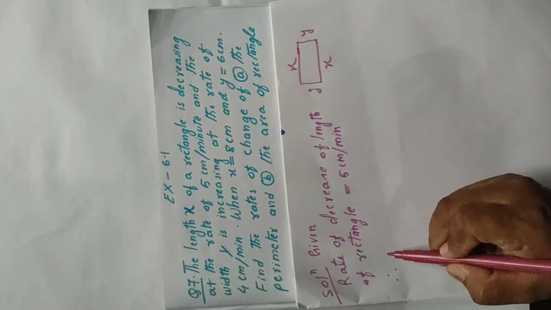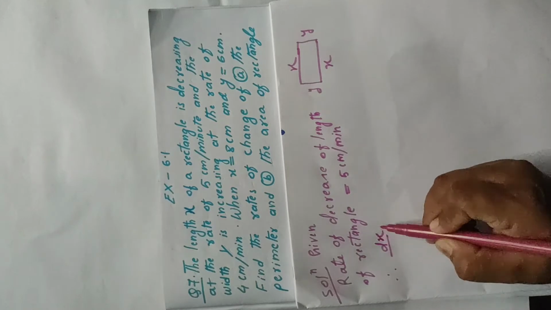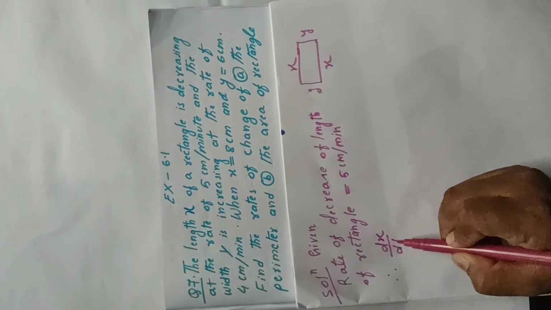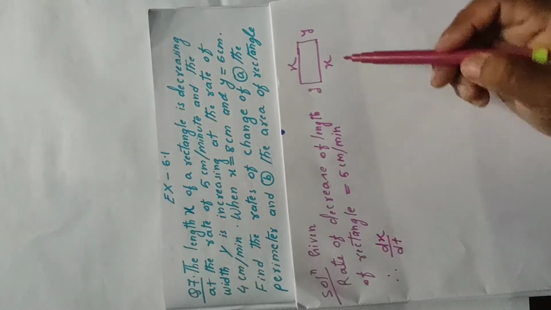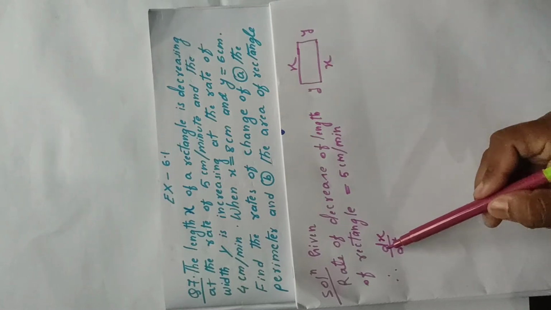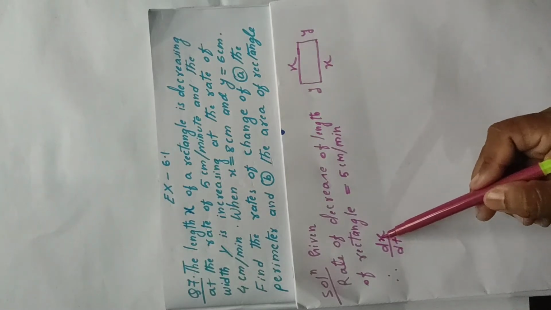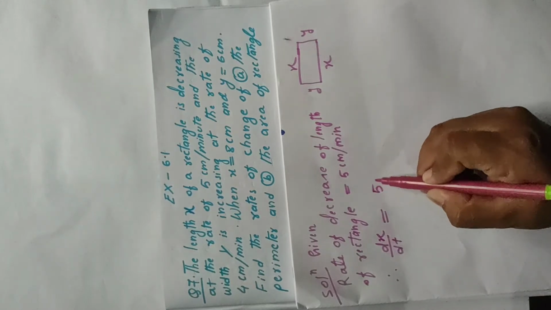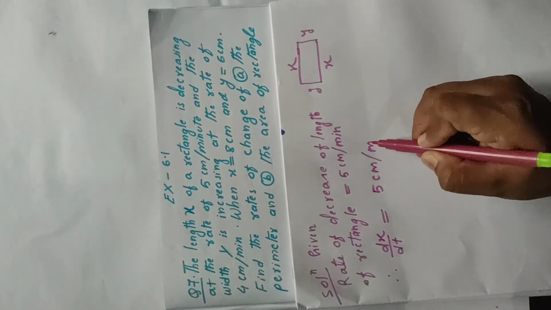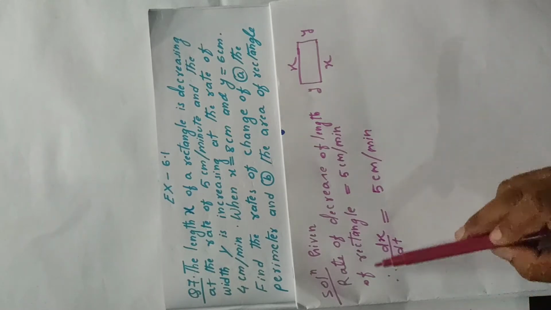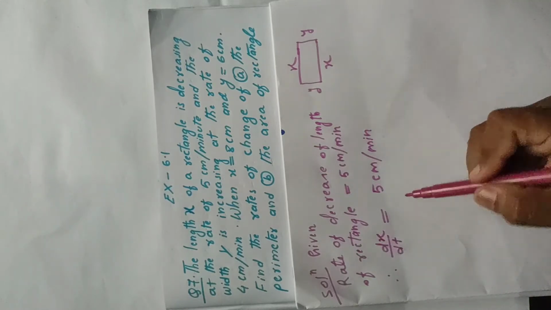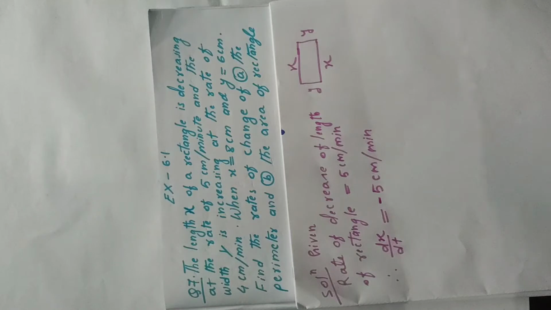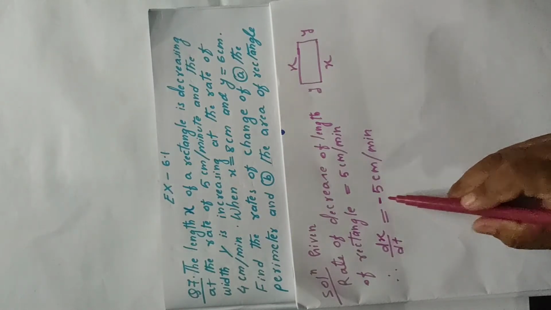Therefore, we can write the rate of change of length of rectangle with respect to time. This x means length of rectangle. So rate of change of length of rectangle with respect to time equal to 5 cm per minute. Since it is decrease, that is why negative sign will be there. We have to put negative sign.